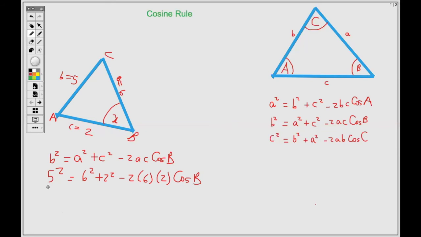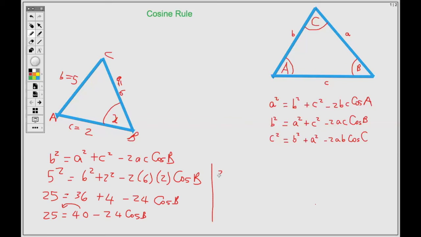Now calculating, I square 5, I have 25, square 6, so I have 36, plus 4, minus 2 times 6 is 12, times 2, that's 24, cos B. So adding 36 plus 4, we have 25 equals 40 minus 24 cos B. Please do not subtract 40 minus 24, but we are going to carry the 40 over the equal sign, so it becomes negative 40.